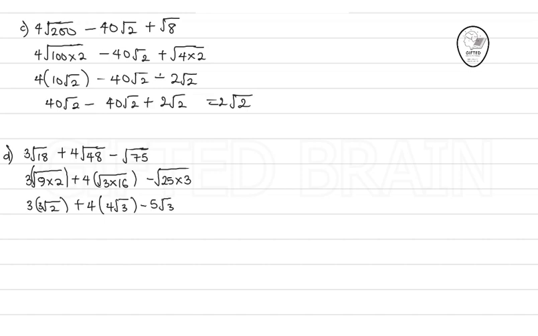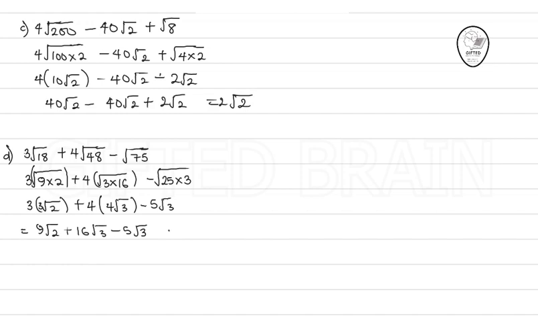And so again this will give us 9 root 2 plus 16 root 3 minus 5 root 3.